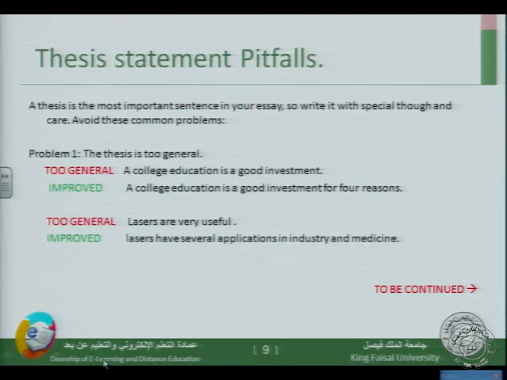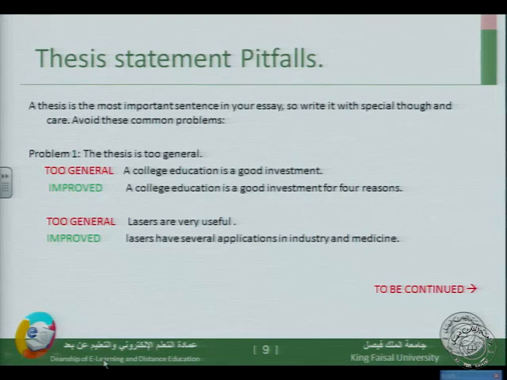Also, we had some advice on how we can avoid thesis statement pitfalls. We sometimes have pitfalls. We actually mistakenly, maybe wrongly, write an essay. A thesis statement, by the way, is the most important sentence in your essay.